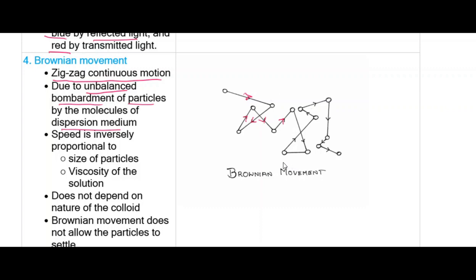The speed of the movement is inversely proportional to the size of the particles. When the size is less, the speed increases. When the viscosity of the solution is less, the speed increases. Right. But it does not depend on the nature of the colloid.